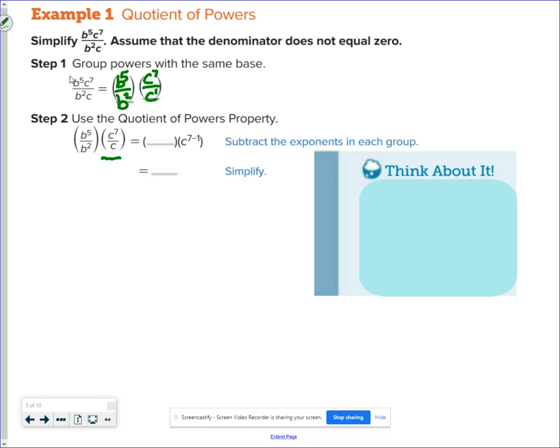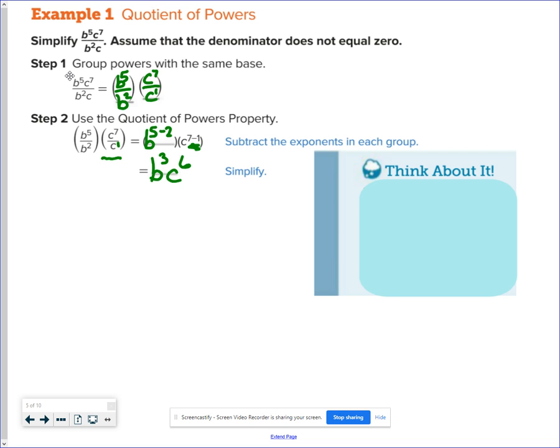They took this part right here and they said, oh, 7 minus 1, that's what we're going to have for this exponent. So in this first blank, I want to figure out what's going to happen with those b's. I would have b to the 5 minus 2. 5 minus 2 is going to be b to the 3rd power. And for the c's, I'll have c to the 6th power.